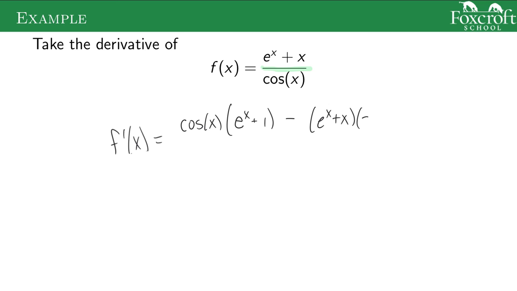So I'm just going to put the sign here, and that negative is going to jump out here and make that a positive. Then the original bottom squared. And generally on the AP exam, they would probably take these e to the x's and factor them out. But for right now, this is fine. We have all the pieces that come from the quotient rule.